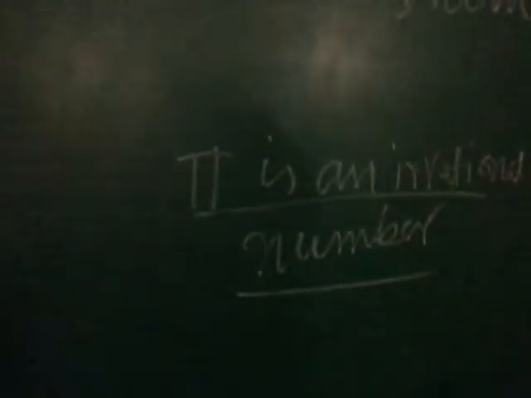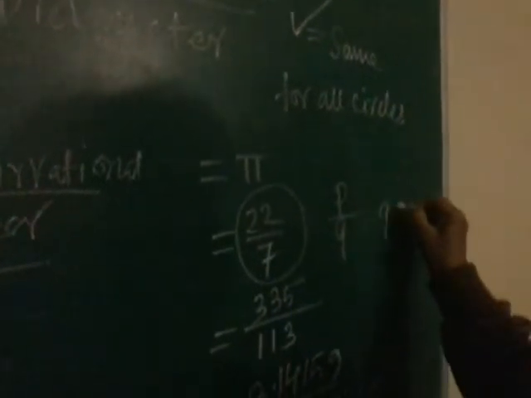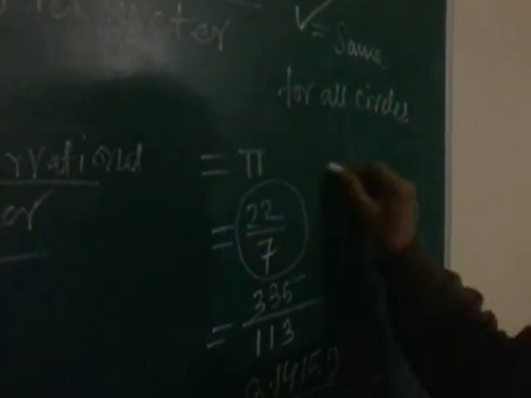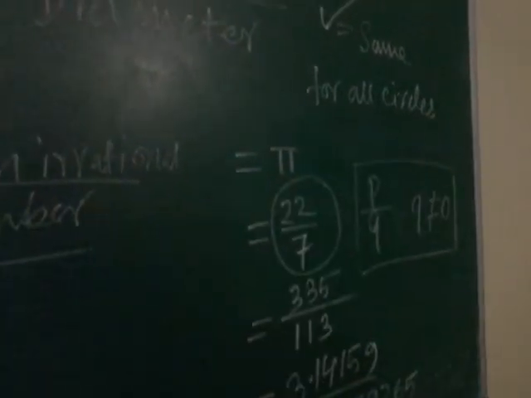We know that any value that we can express as the ratio p by q, where q is not equal to 0, is a rational number. But in the case of pi, we are saying that pi is an irrational number. Why are we saying so?